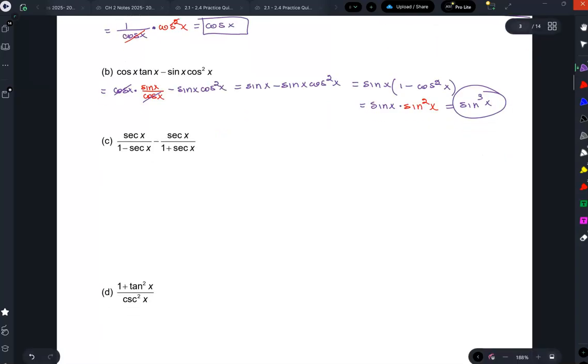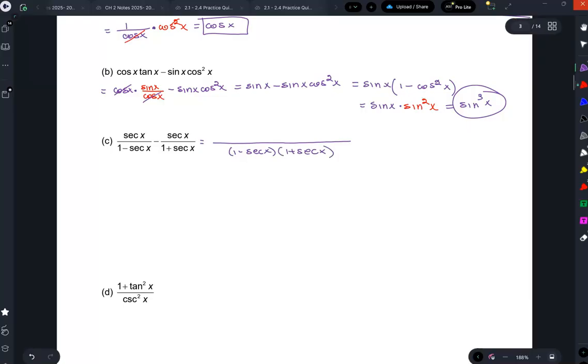Okay, this one, I have two fractions, which I'm adding and subtracting. Common denominator. Okay, so let's do a common denominator. What's the common denominator going to be here? Well, 1 minus secant x times 1 plus secant x.